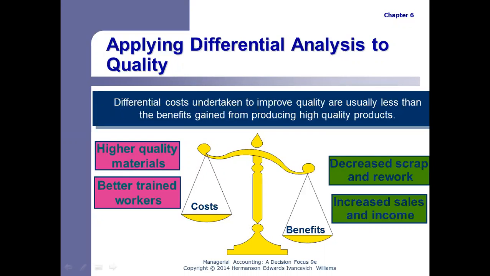So like this slide indicates, you have to weigh the benefits versus the costs. And it's not just the dollar benefits versus the dollar cost. You have to look at the qualitative, non-numeric factors as well in making this determination, this cost benefit analysis.